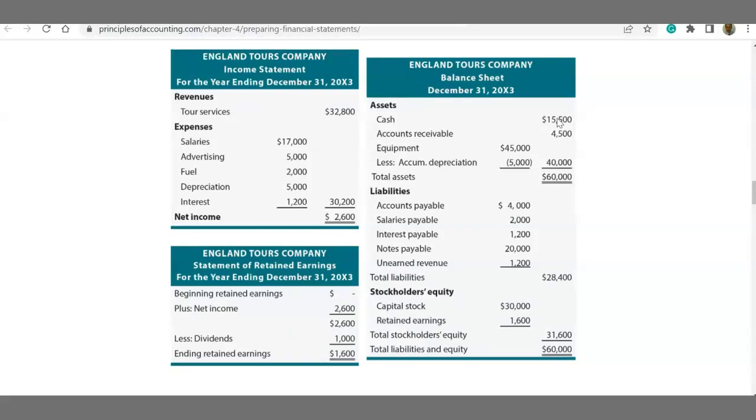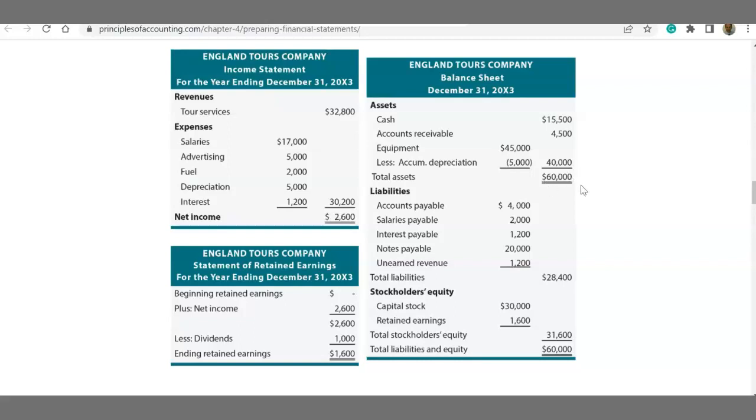So start with your assets, the most liquid one at the top with a dollar sign. And then receivables and any other things like supplies, inventories. And then you get to fixed assets, which is equipment, less accumulated depreciation for the equipment, which is a contra account. So the net equipment book value at this point is $40,000 at the end of year 1 of operation.